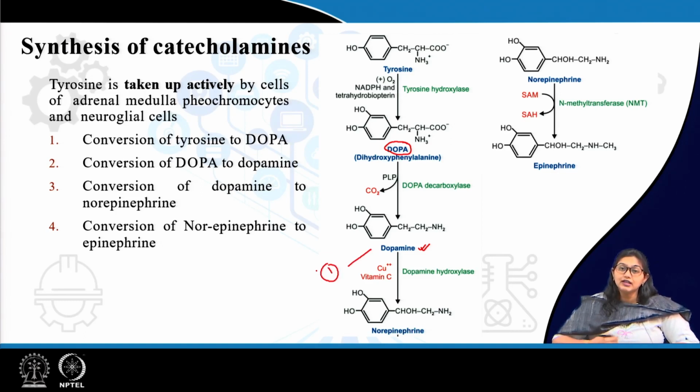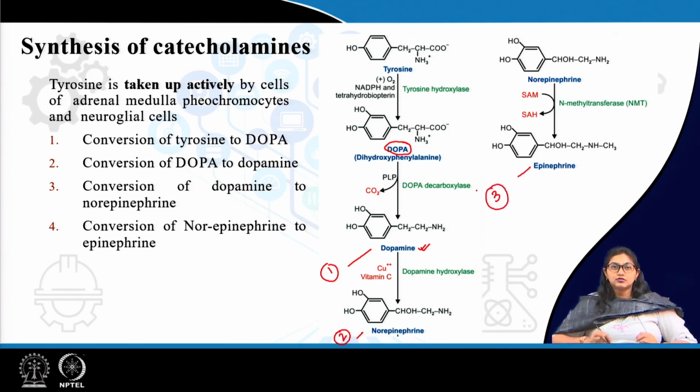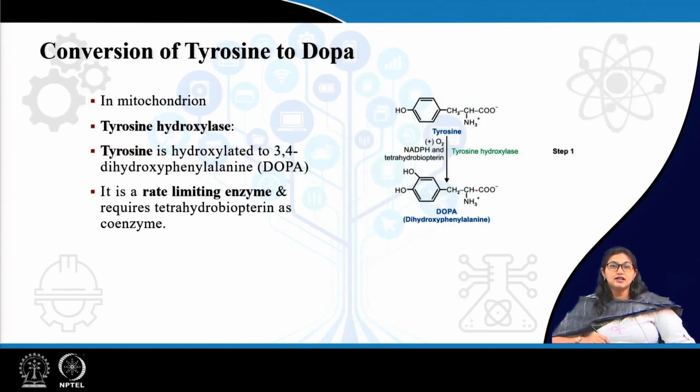Then dopamine is converted to norepinephrine, and norepinephrine finally is producing epinephrine. So, this is how catecholamines are formed, but remember, the reactions occur in different regions of the cell. Now, let us see, the first one is formation of dopa.